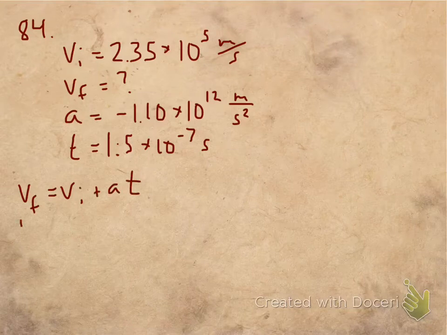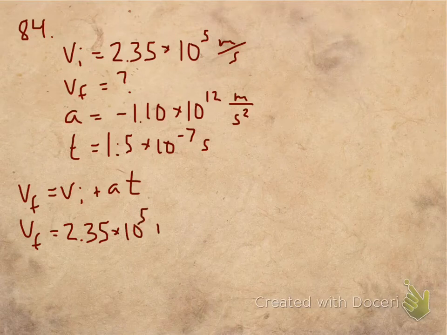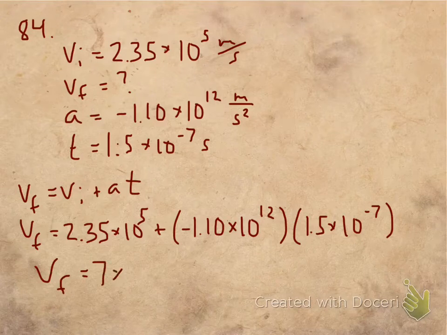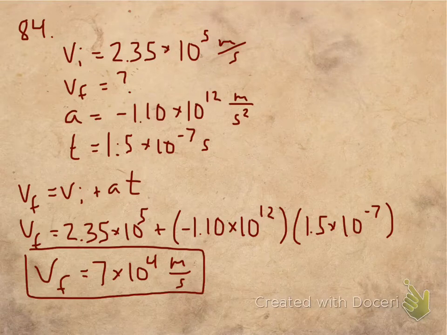We can use the equation VF equals VI plus AT. Here's the math. The velocity final, 7 times 10 to the 4th meters per second.